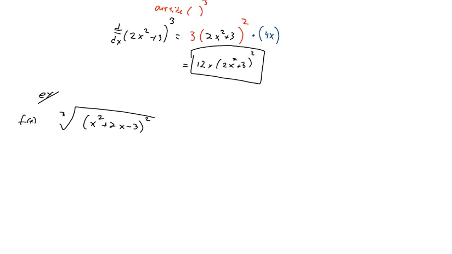Well, one way you can think of it is that this whole root is my outside part, and this whole thing squared is the inside part. That's one way we can do it. And then this inside part also has another inside part. So we can chain together the chain rule as many times as we want.